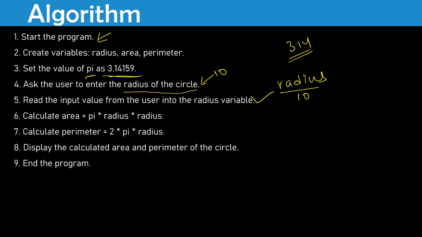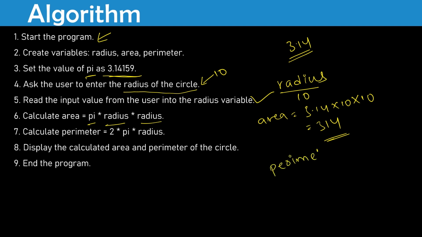Now calculate area. Area is equal to pi into radius into radius. What is area? Area is equal to 3.14 into 10 into 10. It's nothing but 314. As previously, we got the area. And perimeter is nothing but 2 pi r. 2 into 3.14 into 10, because we gave 10 as input, right?